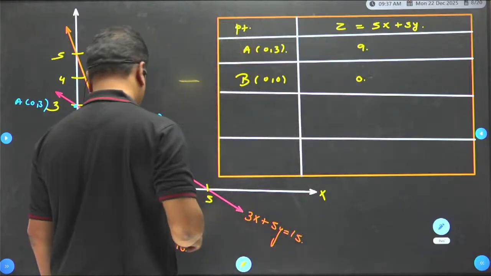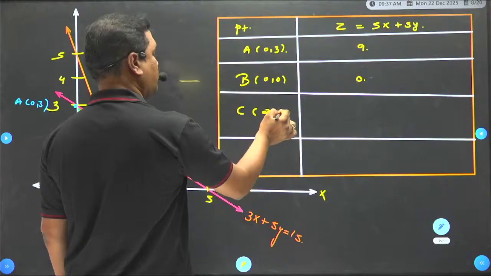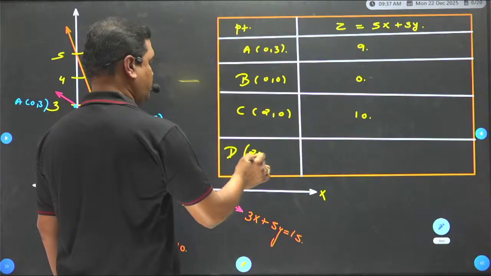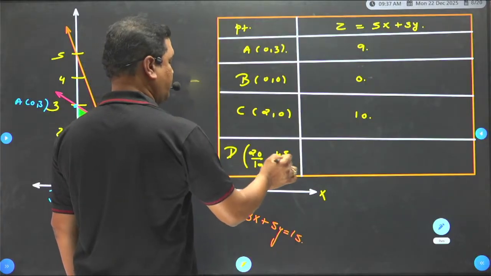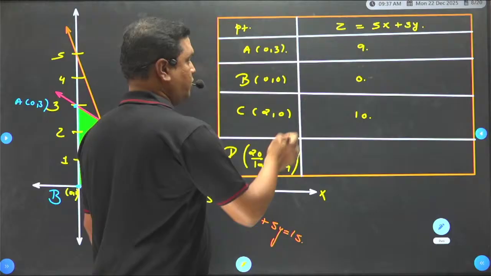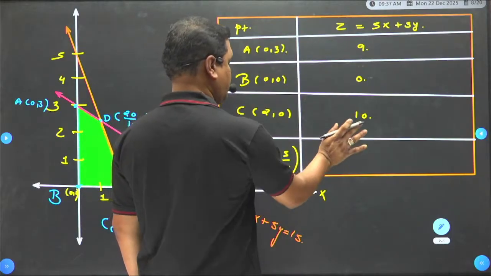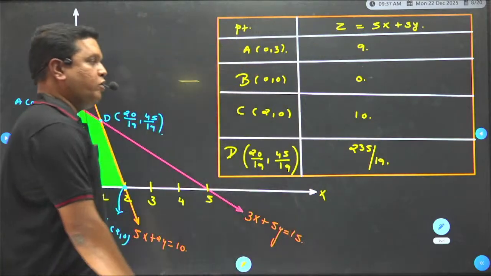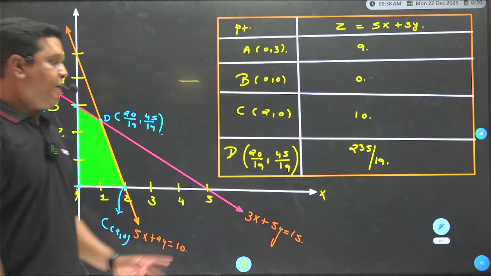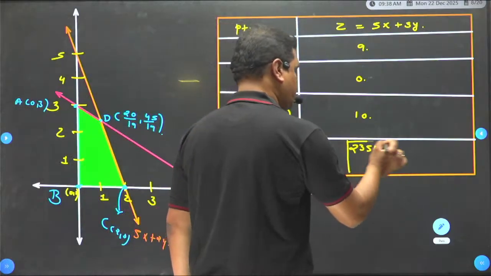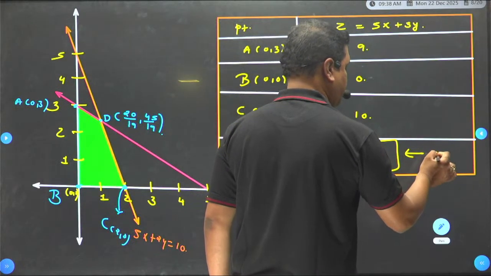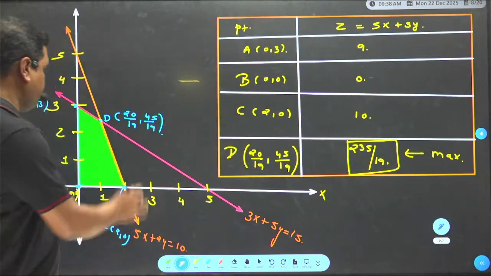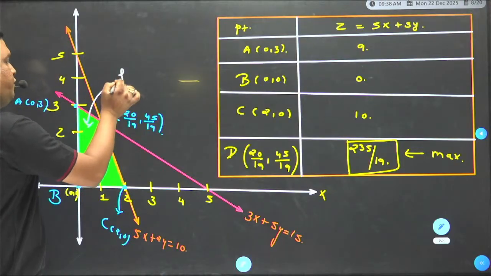Second is 0. Third one 10. And last one, 20 by 19, 45 by 19, gives 235 by 19. Now we are finding what? Maximum. So maximum is what? 235 by 19. So maximum at which point? At point D. Mention that it is a feasible region.